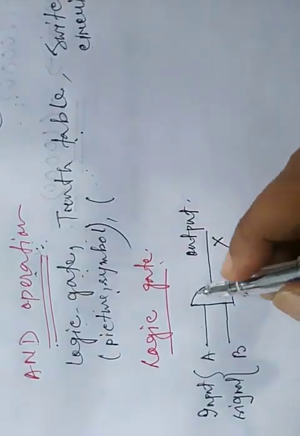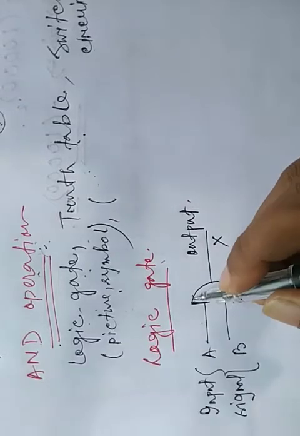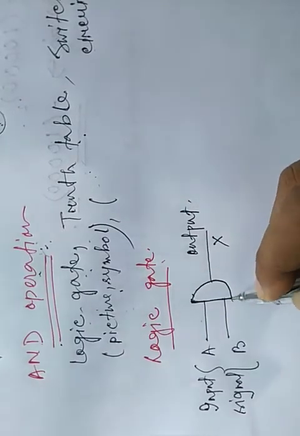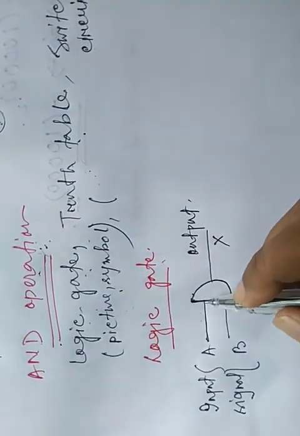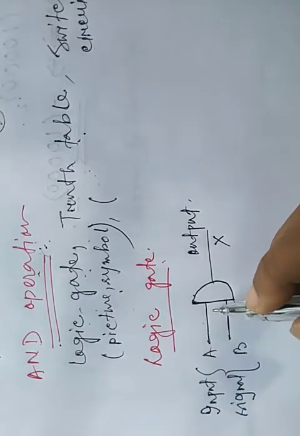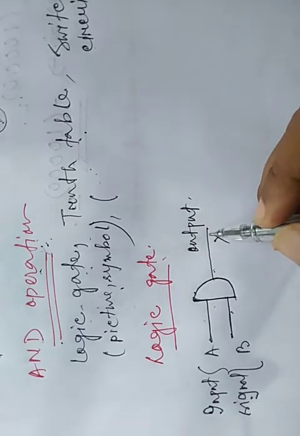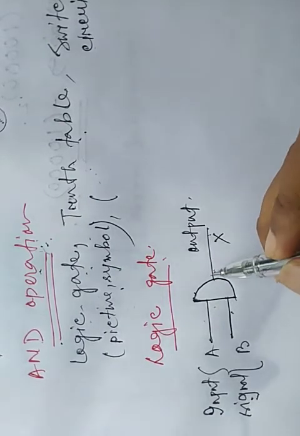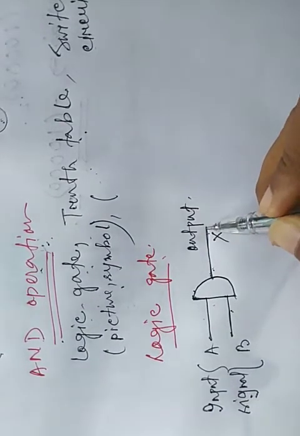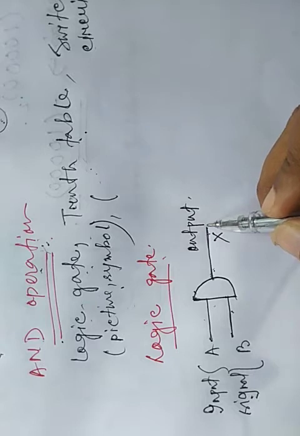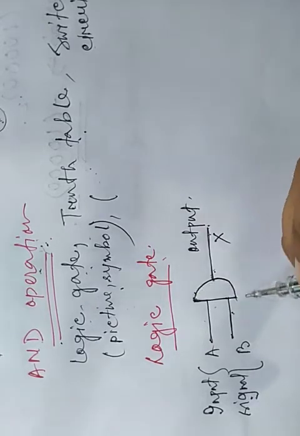Mind it very carefully. This is the symbol of the AND gate, like D. On the left hand side we write the input signals, and on the right hand side we write the output signal. Output signal is always 1; there is a single output signal in most logic gates.